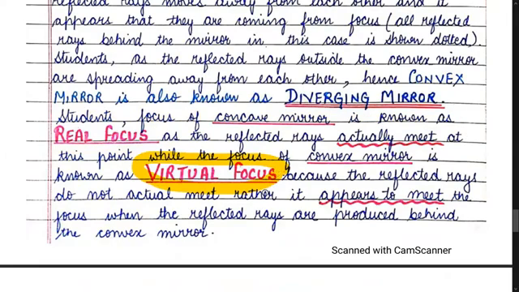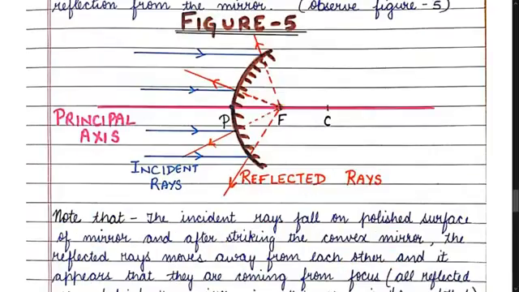Why is it said to be virtual focus? Because the rays are not actually meeting at this point.